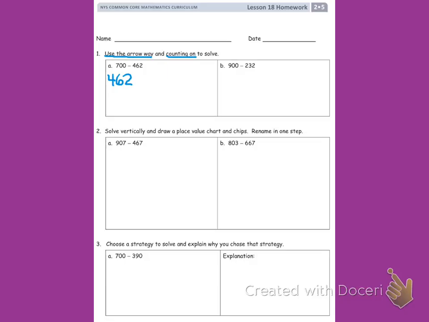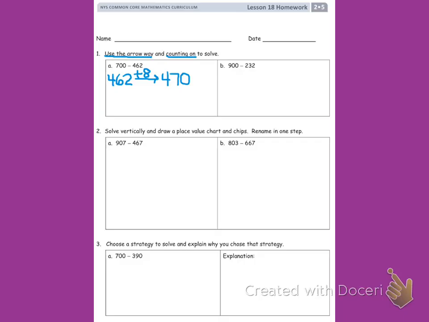So I need to think to myself, if I have 2, how many more do I need in order to get to the next 10? Well, 2 plus 8 is 10, so I'll go ahead and add 8. 462 plus 8 more brings me to the next 10, which is 470.